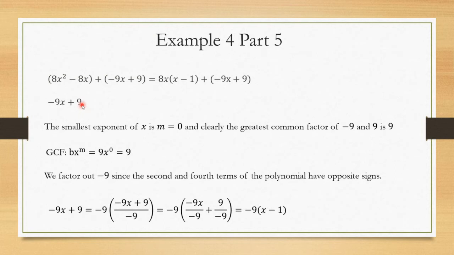Also, the coefficients are 9 and negative 9, but hopefully it's easy to see that the greatest common factor of 9 and negative 9 is 9. A number and its negative are going to have the same exact factors. Okay. So what would the GCF be? That's just going to be 9.